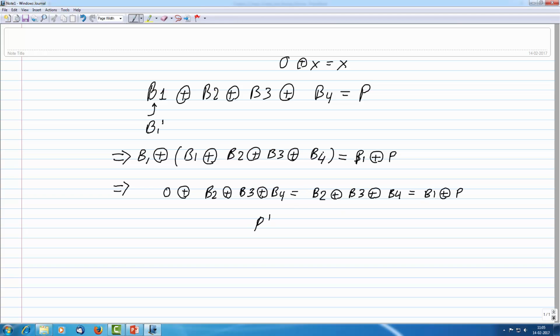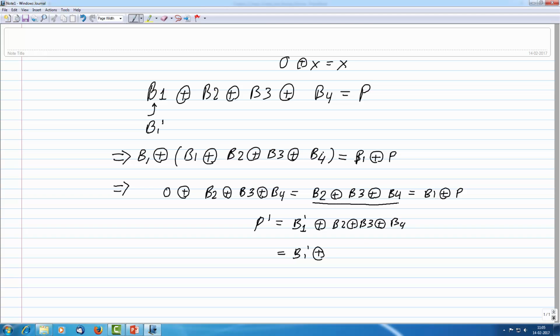Now let us compute the new parity. The new parity P dash is B1 dash exclusive OR with B2, B3 and B4, which we can write as B1 dash exclusive OR B1 exclusive OR B1 exclusive OR B2, B3, B4.